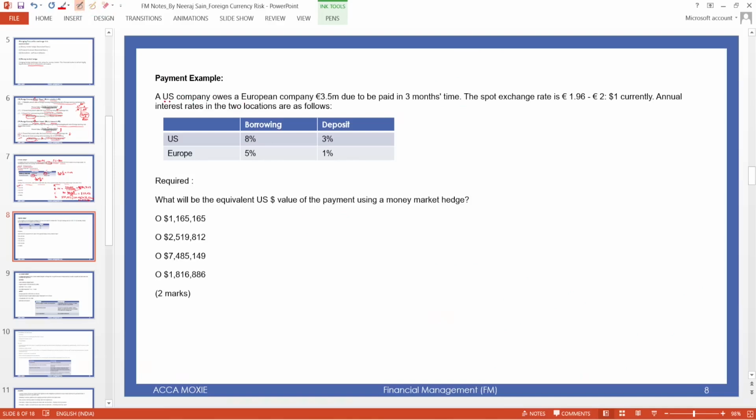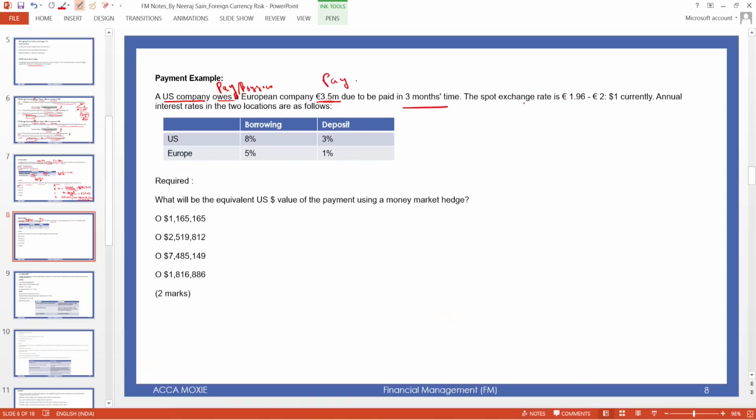A US company owes a European company. Owes means you have to pay. You borrowed something, and you have to pay the European company 3.5 million in 3 months.